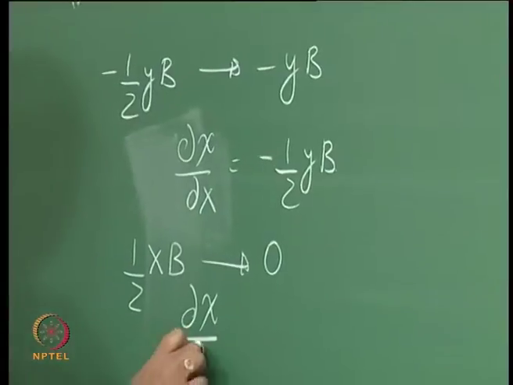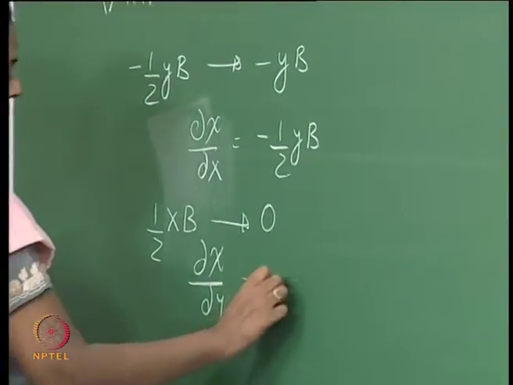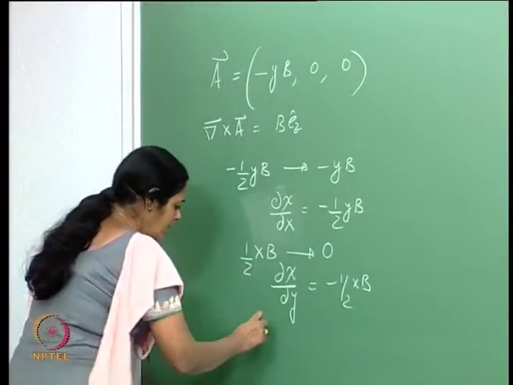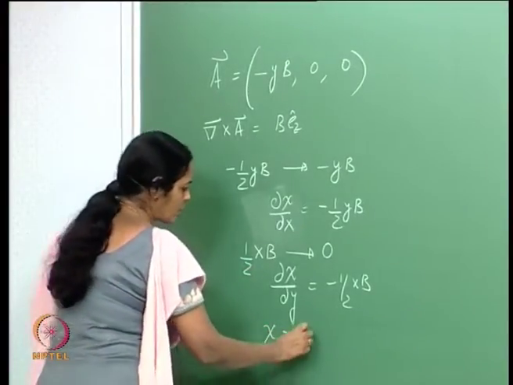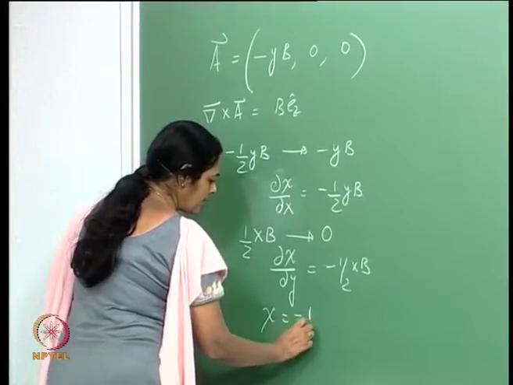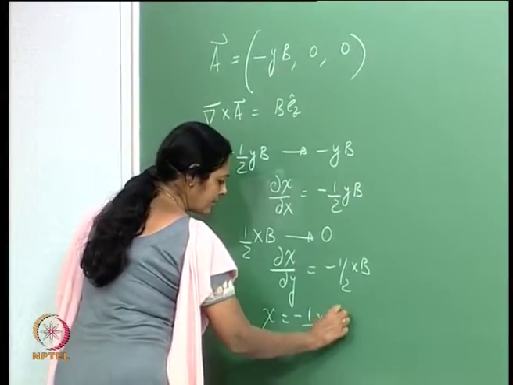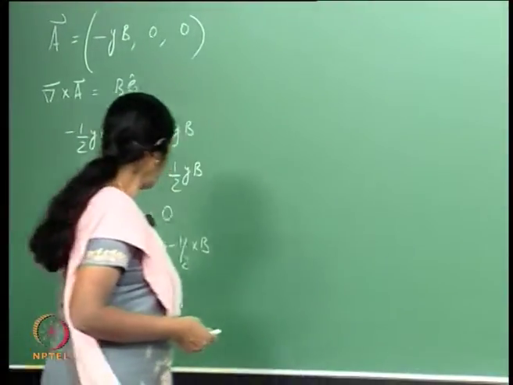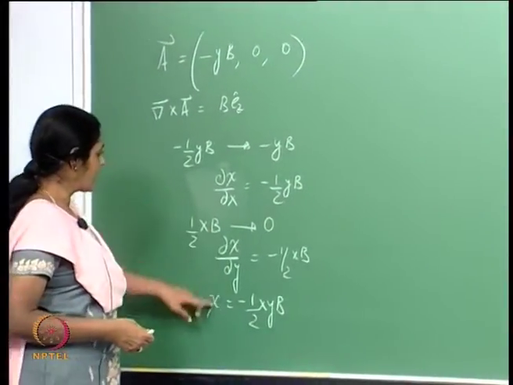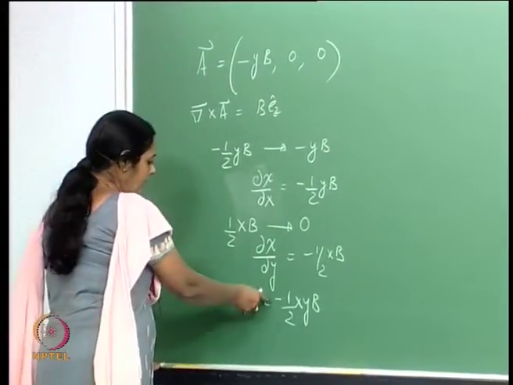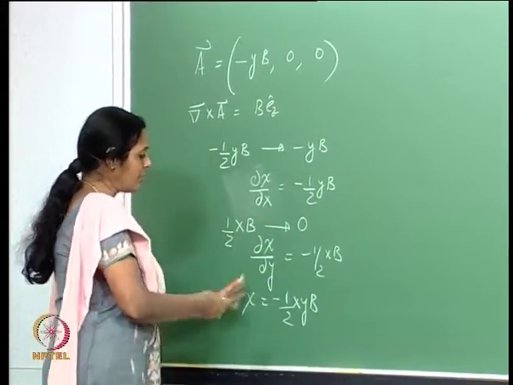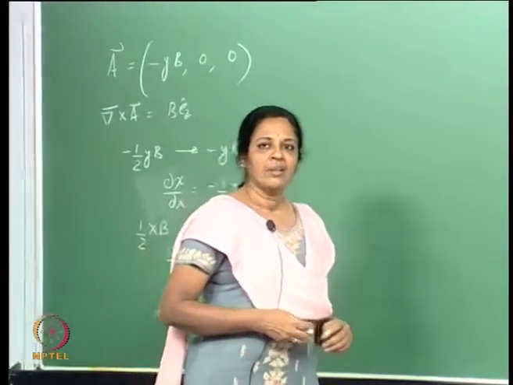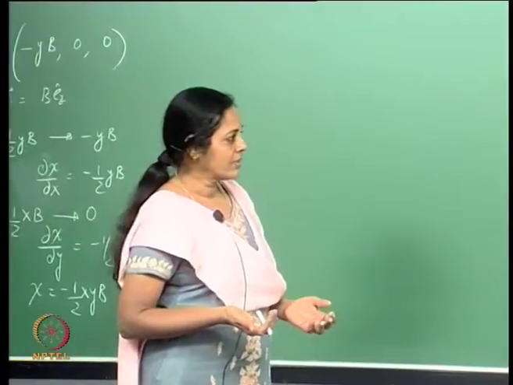Therefore, delta chi by delta y is minus half xb, and Az was 0 anyway. So, it is possible that I can choose chi to be minus half xyb. That is a possibility for chi, because surely delta chi by delta x gives me that, and delta chi by delta y gives me minus half xb. So, these two sets that I have selected for A are related by a gauge transformation.